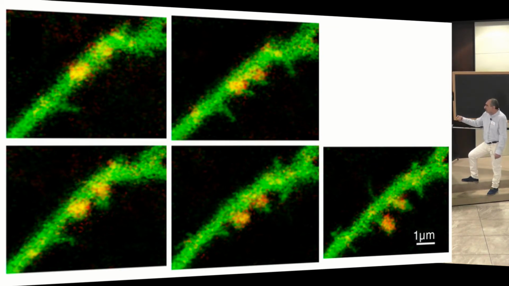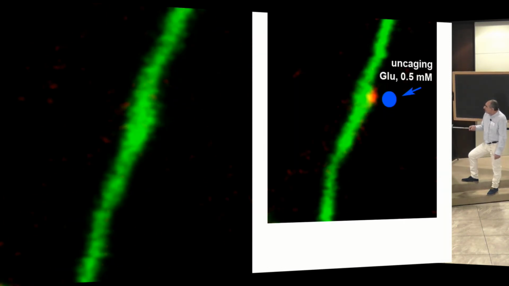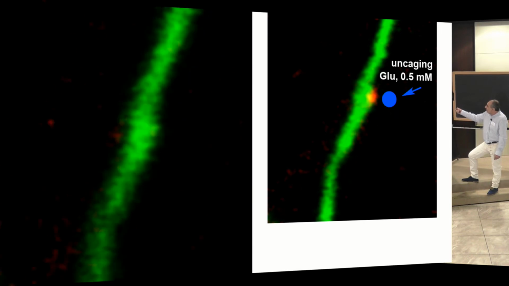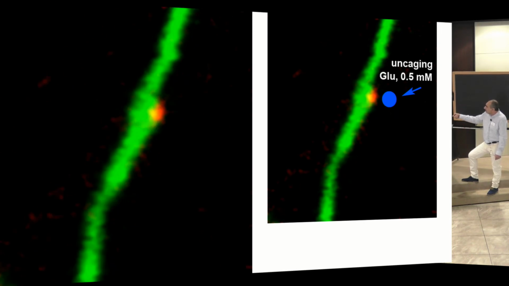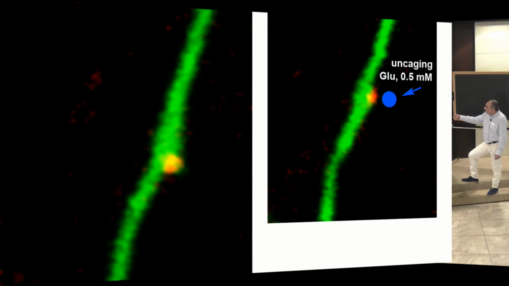This is not a movie, but you can see in this area we applied glutamate and spines appeared, and a movie for this is here. We uncage glutamate here, and after 2-3 uncagings, a new spine appears.